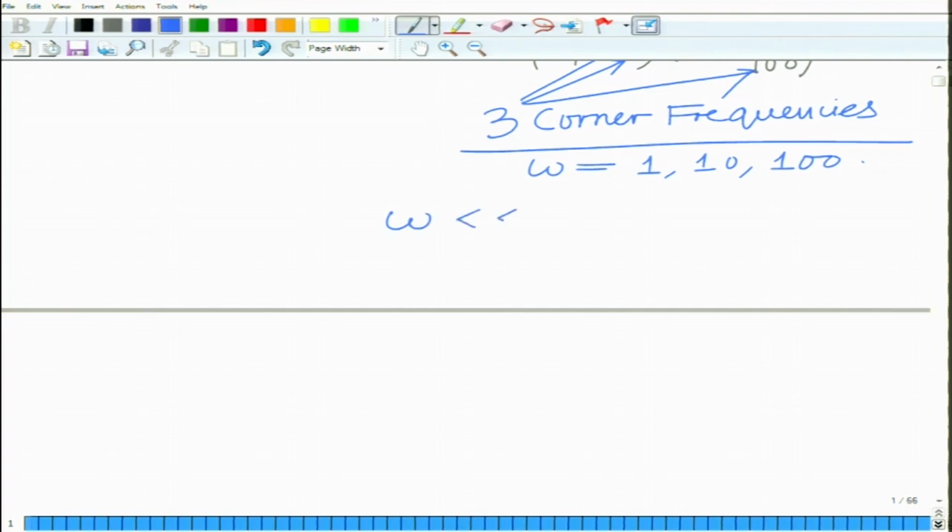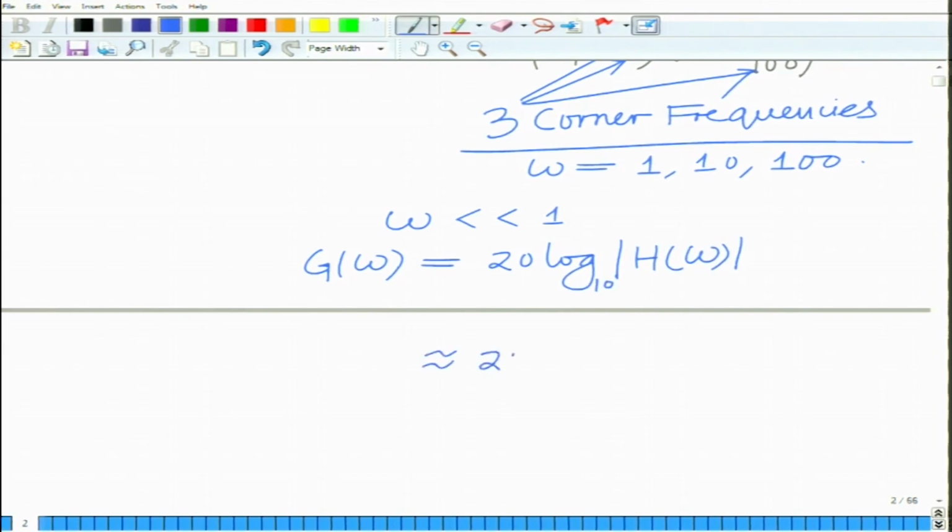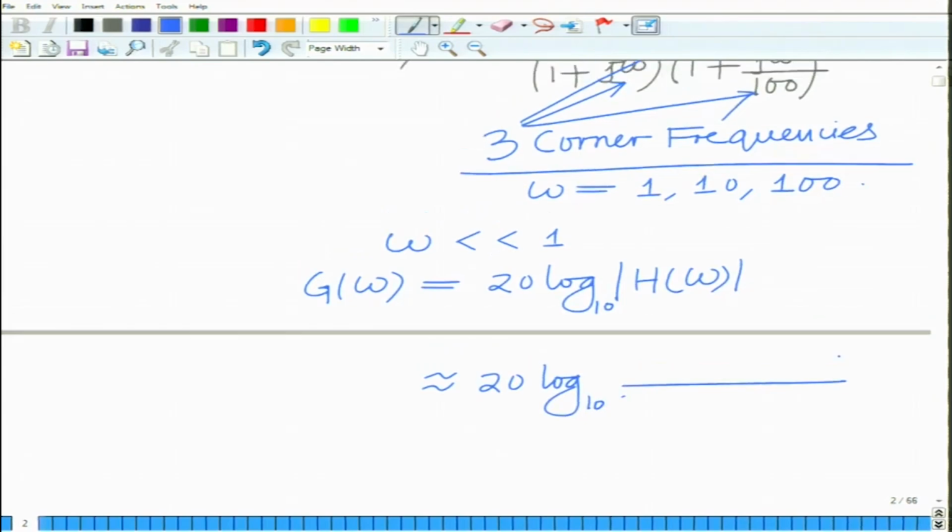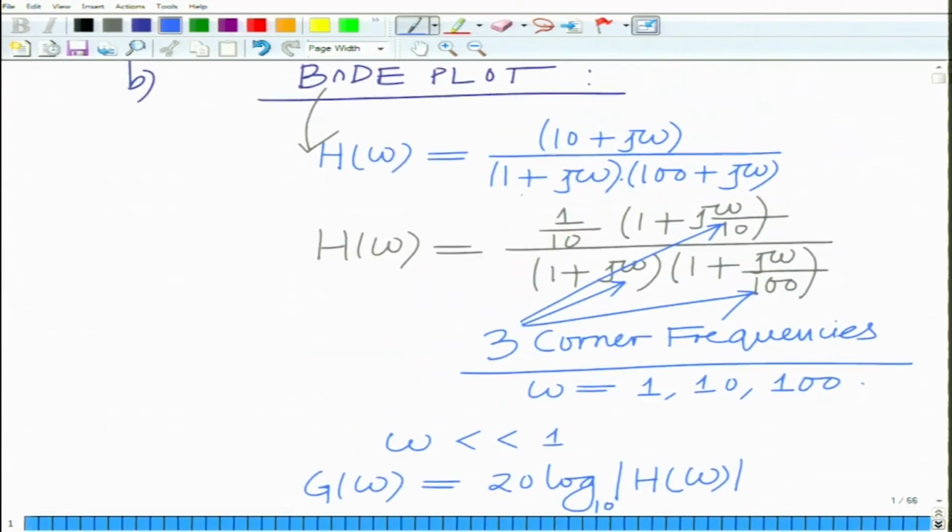For omega much smaller than 1, your g of omega, which is 20 log to the base 10 magnitude H of omega, is approximately equal to 20 log to the base 10 of... Remember, when omega is much smaller than 1, the terms 1 plus j omega by 10, 1 plus j omega, and 1 plus j omega by 100 are all approximately 1.